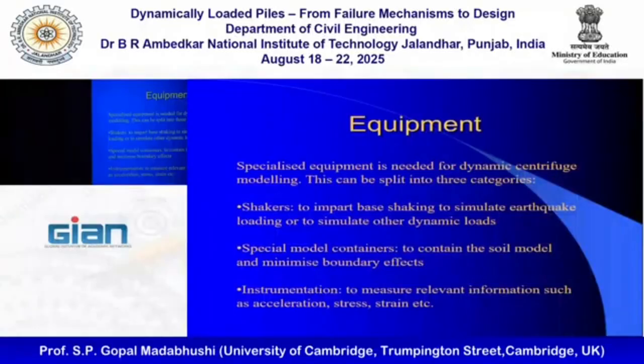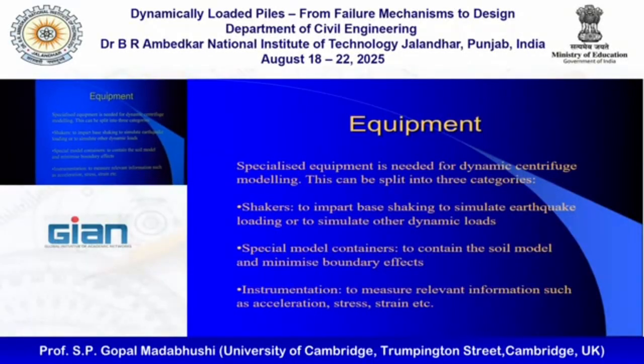What other equipment do we need? For doing dynamic centrifuge tests, we obviously need shakers. The earthquake actuator or shaker, which is capable of shaking the model in flight. Now, typically, let's say my model container is about a ton with the soil in it.